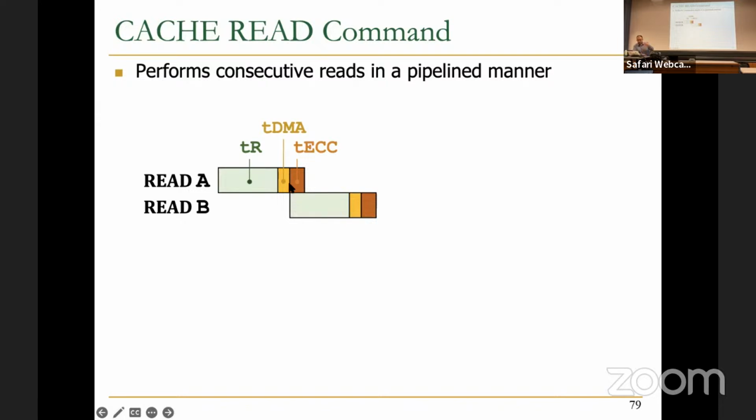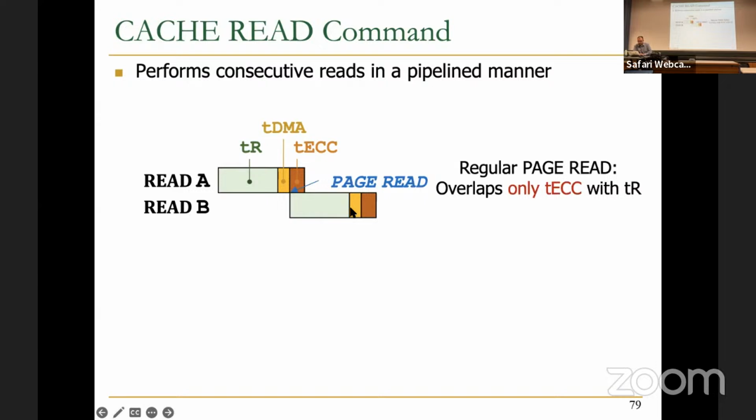From this time, because your channel is now free, you can send the read command to that flash memory, and then start TR, TDMA and TECC. So you can see that in a regular page read, you can overlap TECC with some of the sensing time, essentially. That's good, but we want to do better.